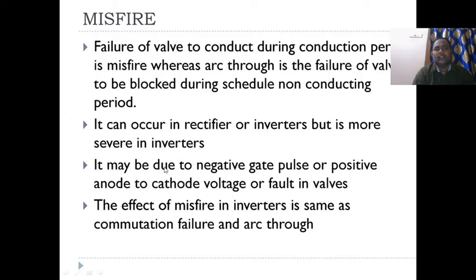It may be due to a negative gate pulse, positive anode to cathode voltage, or a fault in the valves. The effect of misfire in an inverter is the same as commutation failure and arc through. The main drawback of misfire is the abnormal change in wave shape.